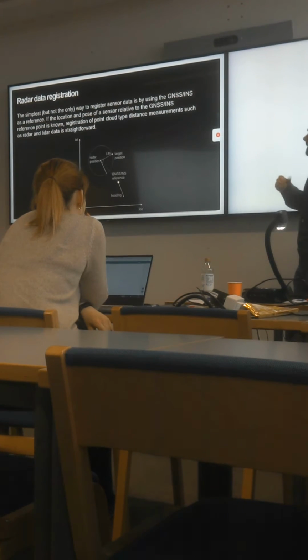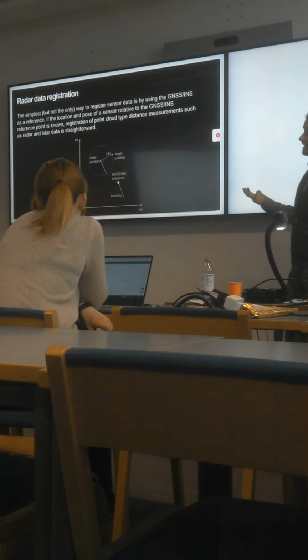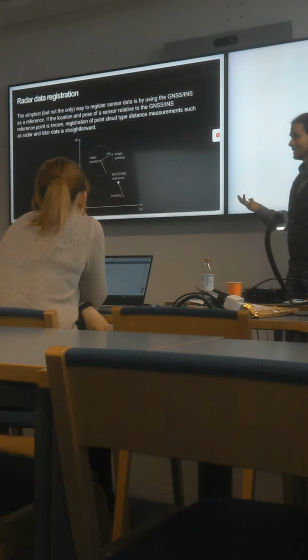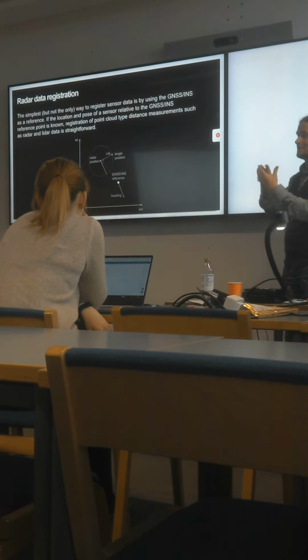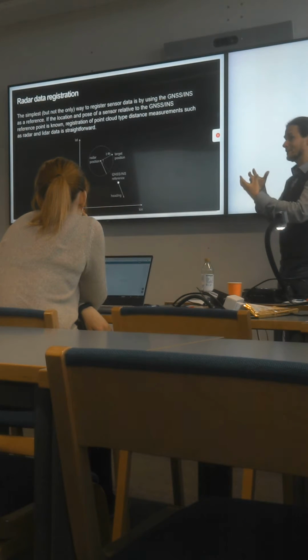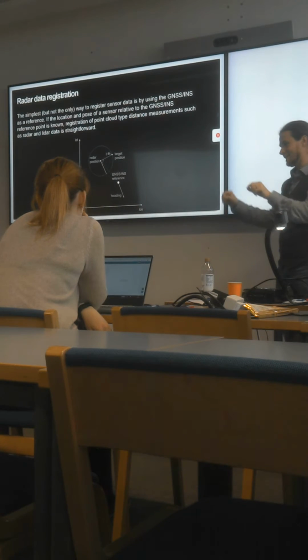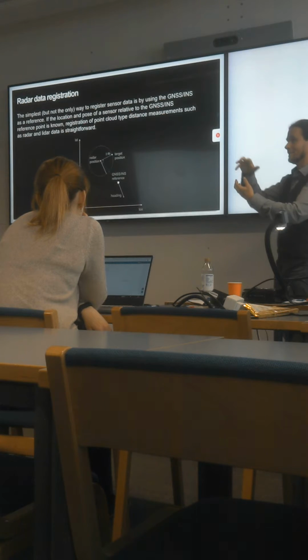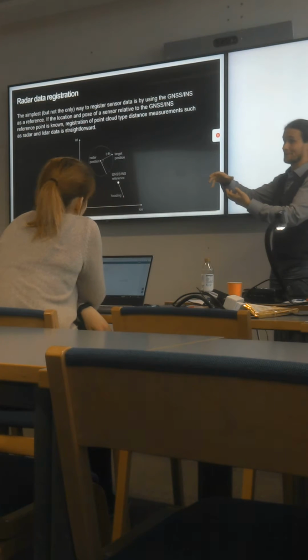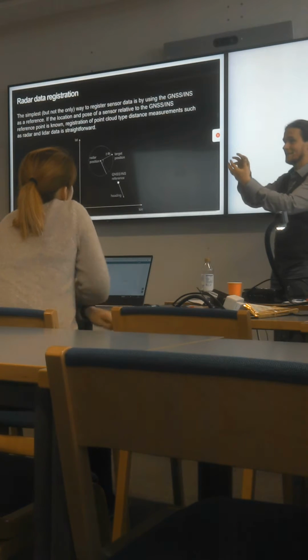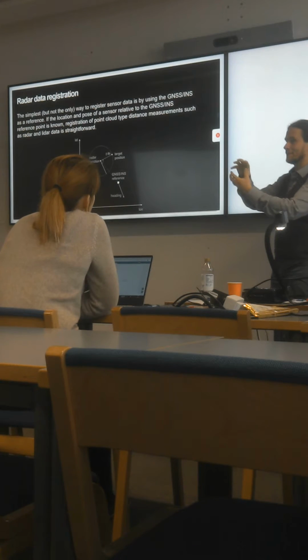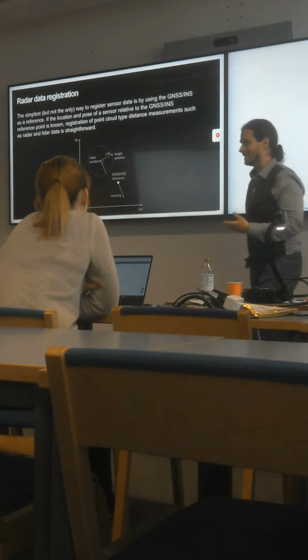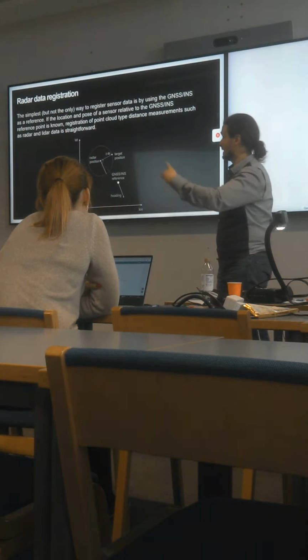If you want to do it without this kind of reference, then it gets complicated, because then the registration has to be based on the data. So you need to look at, for example, in the radar, analyze the things you are seeing and try to project them on the existing information. For example, shorelines. Try to match shorelines and figure out through dead reckoning and previous data where this new data lies.